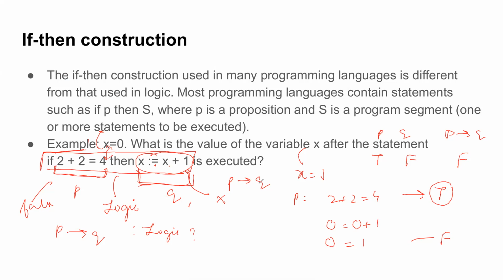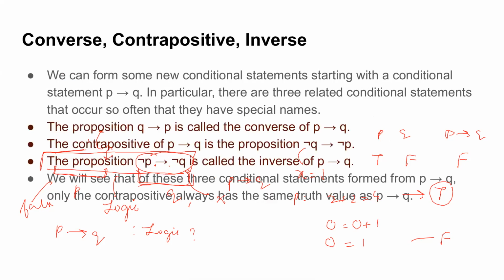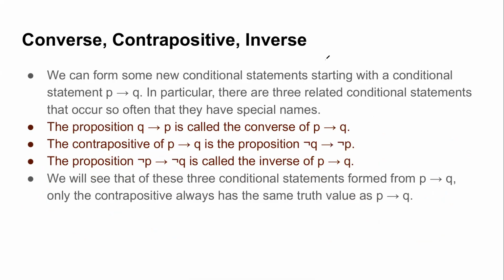Okay, great. So let us now move to the other part of logical connectives, and a very interesting feature of logical propositional calculus, which are the three important variations of a proposition: converse, contrapositive, and inverse.